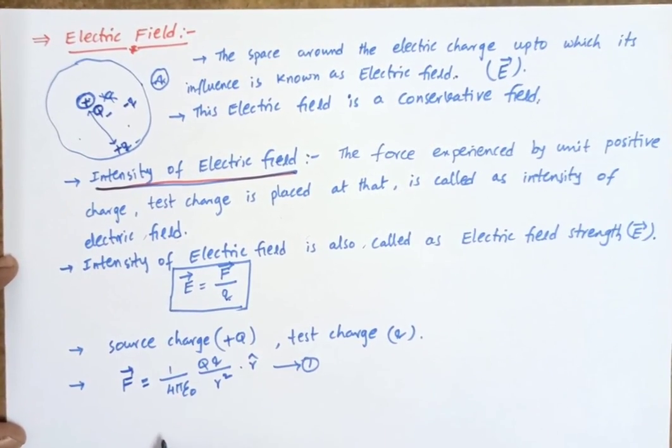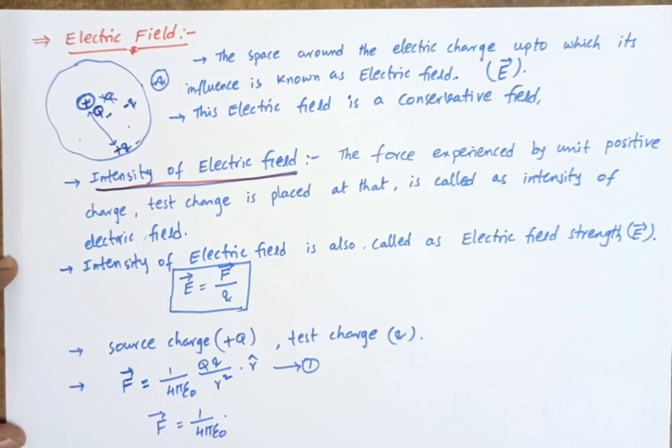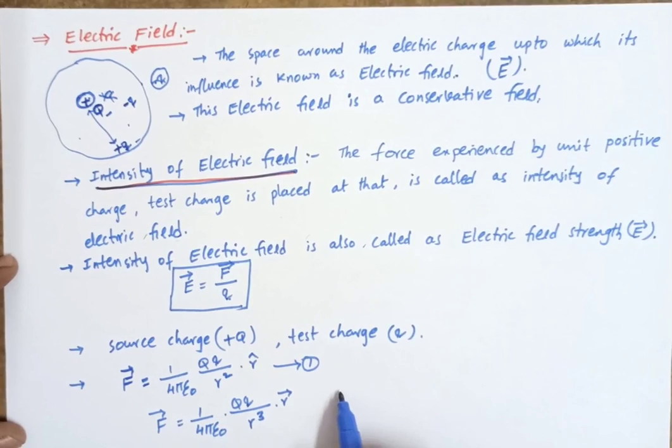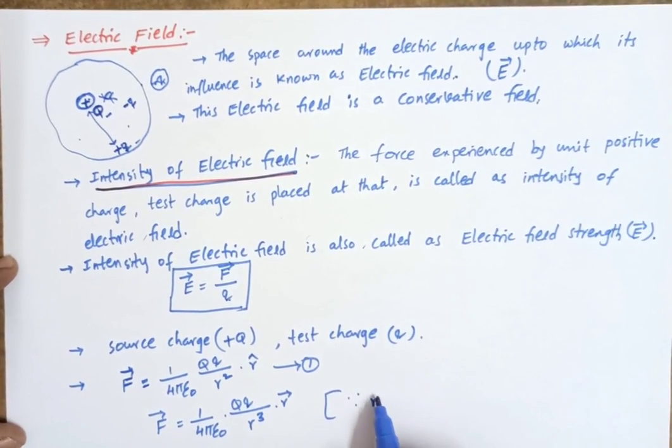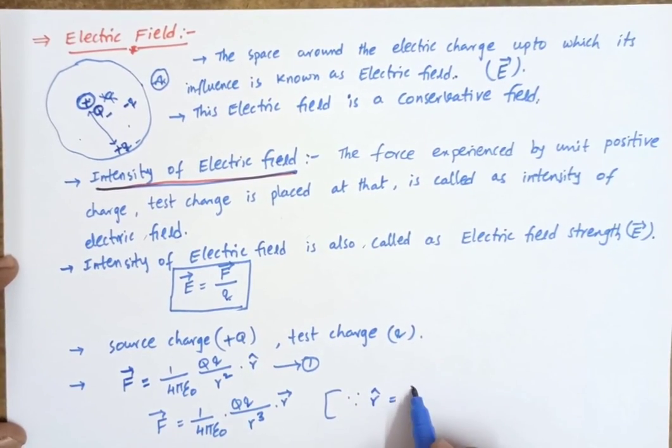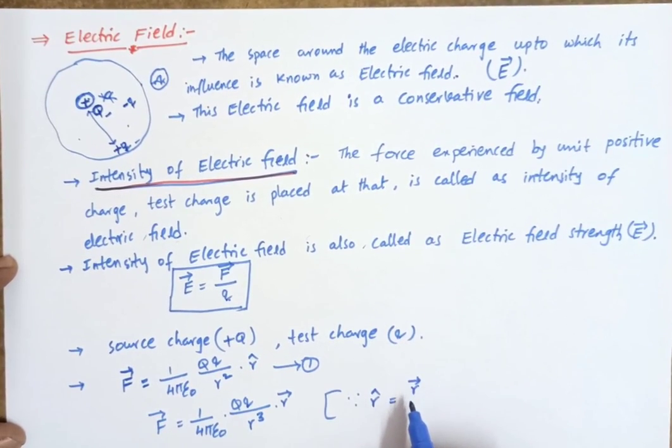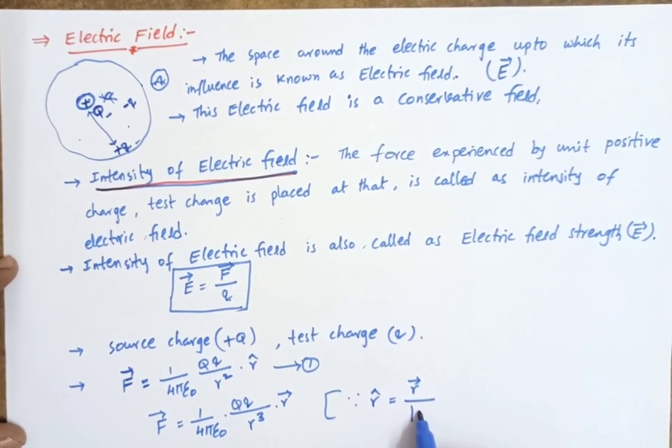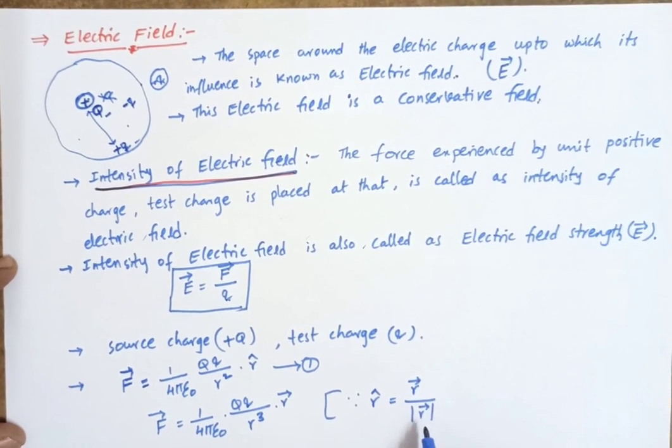It is also written as F bar equals 1 by 4 pi epsilon naught into Q small q by R cube into R bar. Here R cap equals R bar, the position vector, divided by its modulus, which is a magnitude, a scalar.